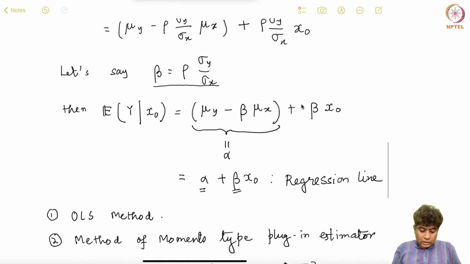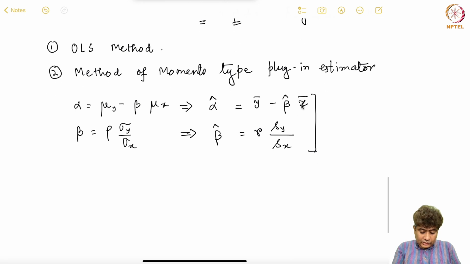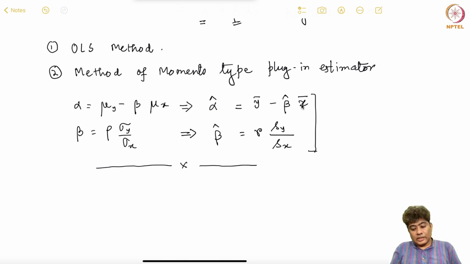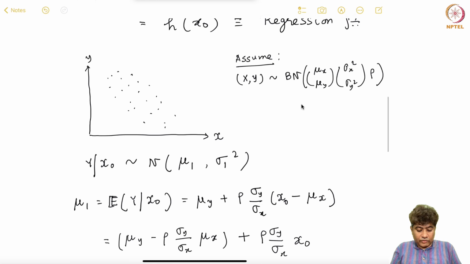Once you have the estimators, the next thing we want to discuss is another issue the regression line is still left with.